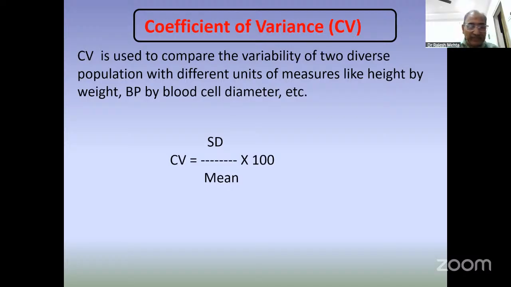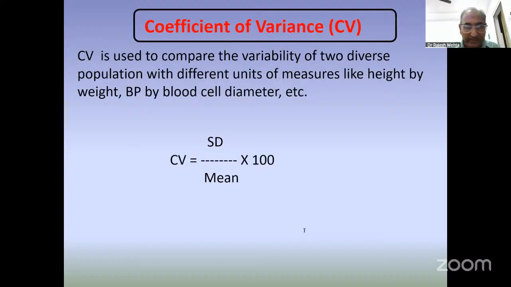So the answer is very simple. SD1 is more. Standard deviation is more. But look at the coefficient of variance. In terms of the mean, if you look at it, then you are right that SD is more. That variation is more compared to the mean.